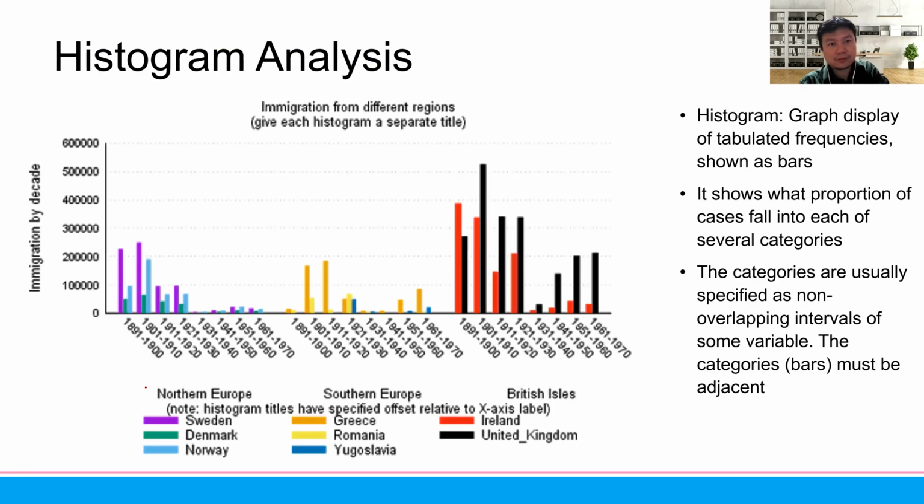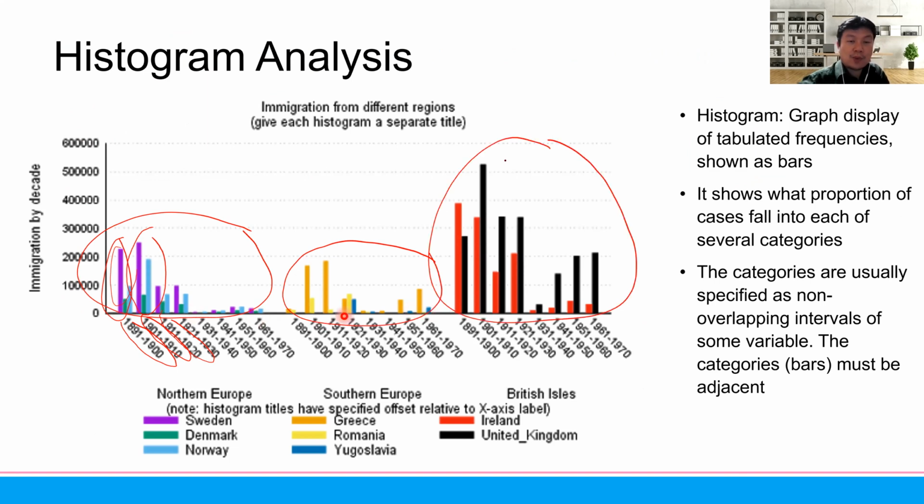So this is the histogram. This is one example to understand the frequency. This is the frequency in this year, this is the frequency in this year, and this is the frequency in this year. And then I have this one category, the second category, and the third category.